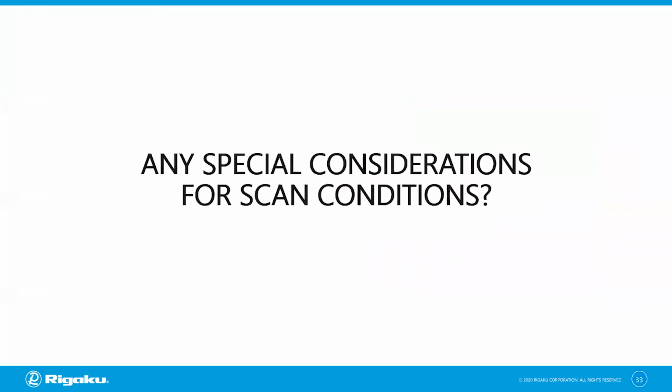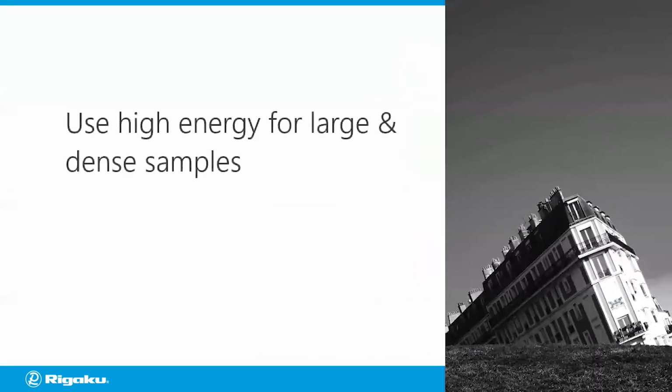There are a couple, and I want to focus on two major ones. First, you want to use high energy X-rays for large and dense samples. The samples or objects you deal with for metrology analysis tend to be denser or larger compared to more of a material science or life science based samples like the composites and foams.